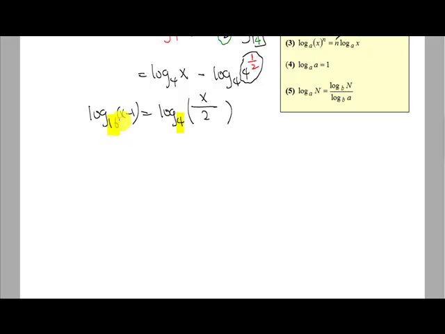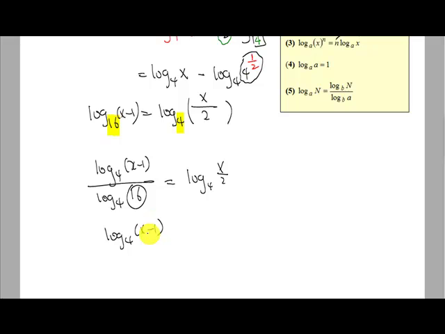So we are going to change the 16 to the base of 4: x minus 1 divided by 16. So 16 again we can rewrite as 4 squared, and these two we can always bring down later.